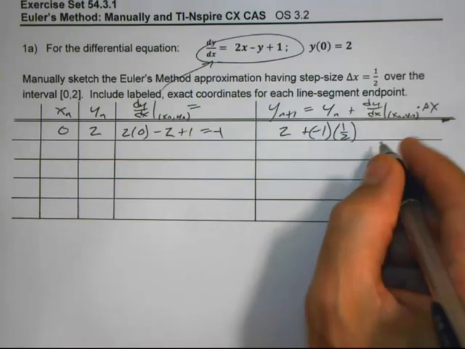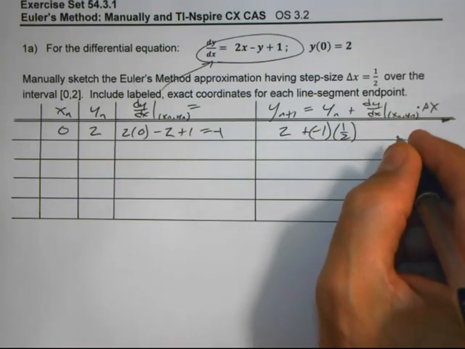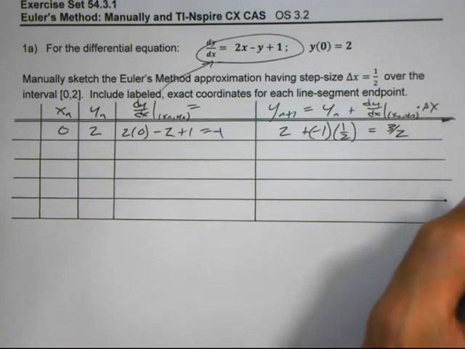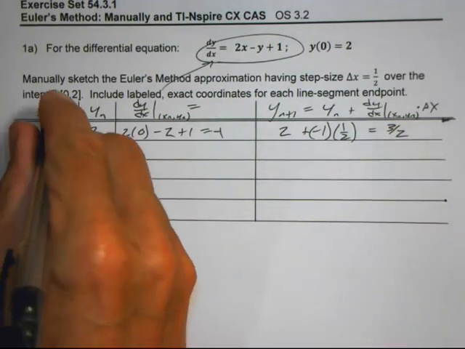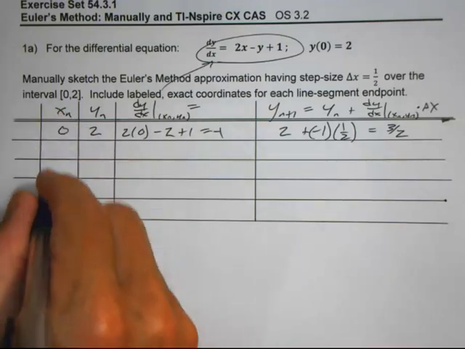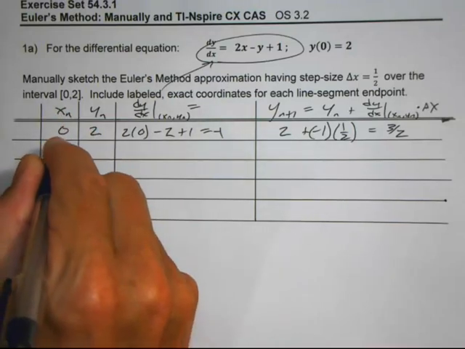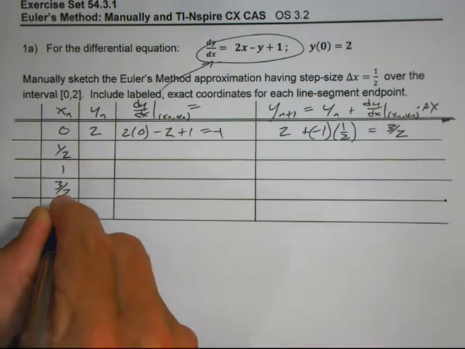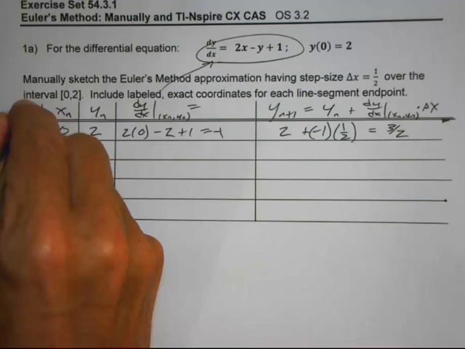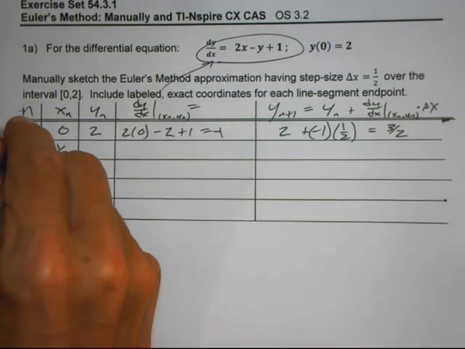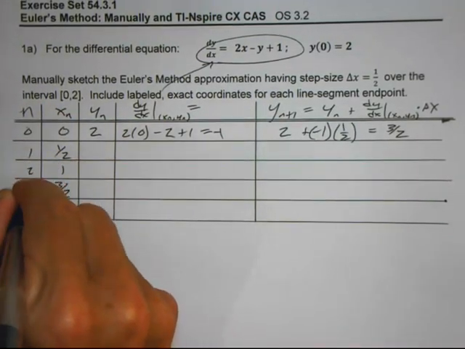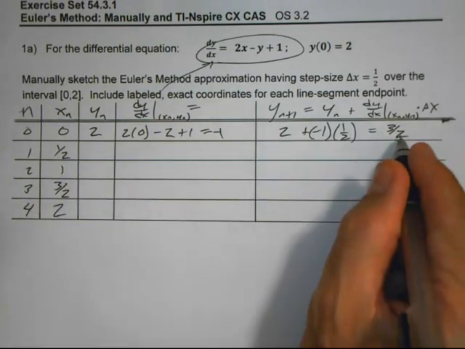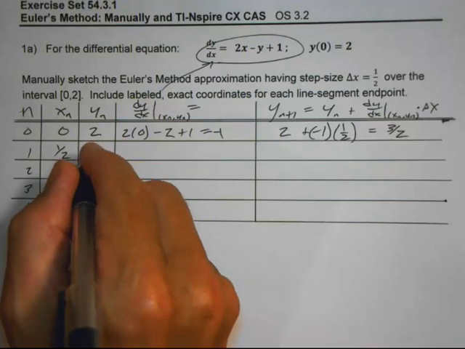Okay, this adds up to, let's see, 2 minus half, 3/2. By the way, the x's here, since we know the step size, this column can be completed right away. So we could have 0, 1/2, 1, 3/2, and 2. And n is 0, 1, 2, 3, 4.